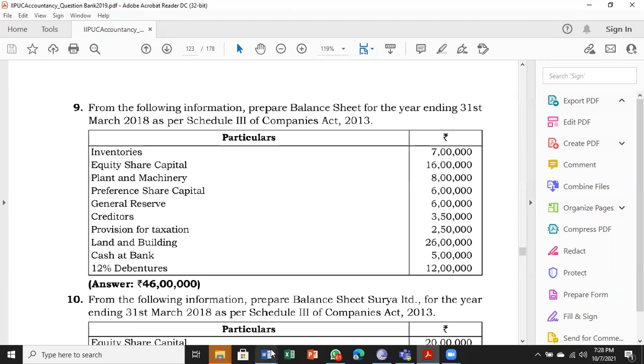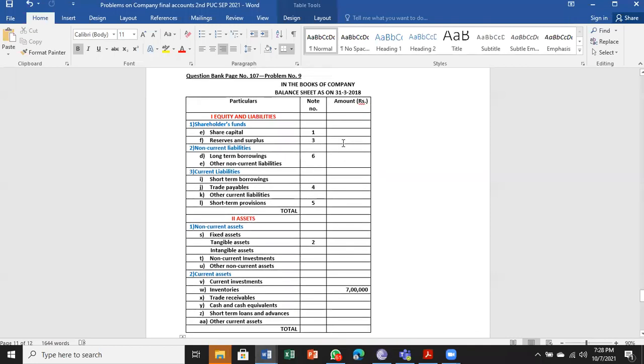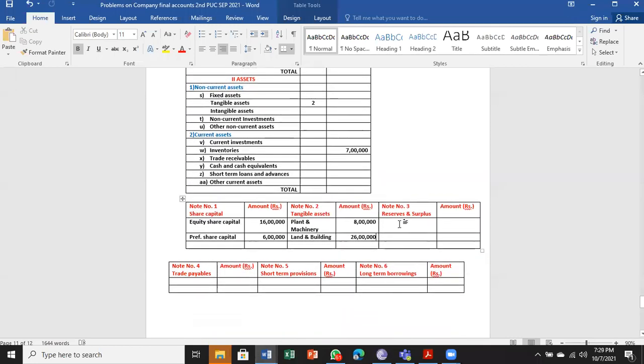General reserve. So general reserve, I can take straight away under reserves and surplus, but I'll take a note for you to make you remember item comes under which one. So I made a note number 3, general reserve. Six lakhs.